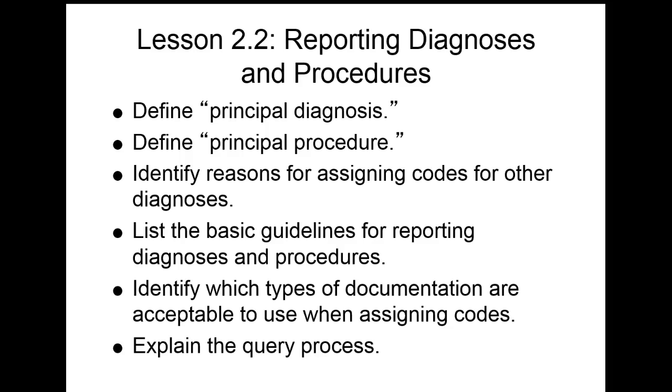Some facilities want coders to abstract the anesthesiologist for that procedure. There are some basic things that all facilities abstract, and those are typically the elements that go on the billing form. And then some organizations have additional things they want coders to pull out for quality reasons or other monitoring processes.